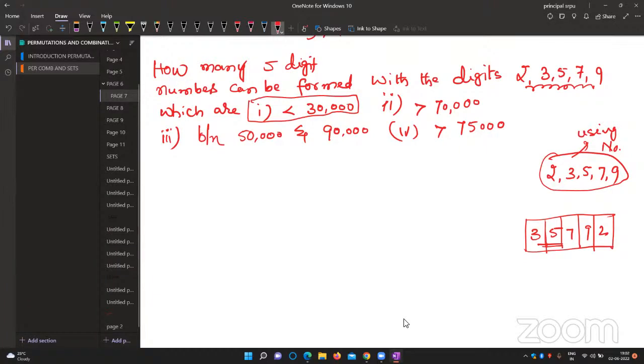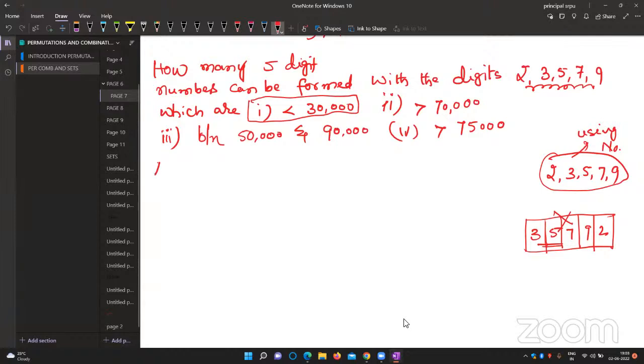Using these numbers, you formed 35,792, but the question says that whatever 5-digit number you form should be less than 30,000. Now your answer is wrong, because the number you formed is greater than 35,000.